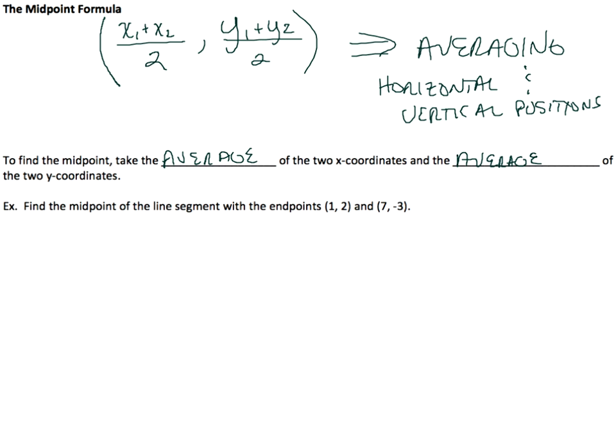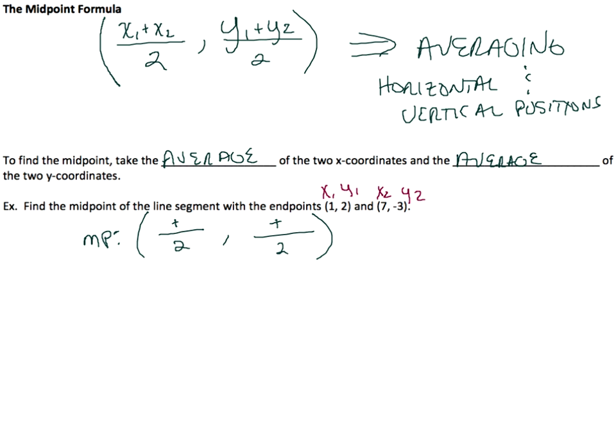Here's what that looks like. So this will be x1, y1. This will be x2, y2. I'm trying to find the midpoint of that line segment with those as the endpoints. So I'm going to add and divide by 2. Add and divide by 2. And then I'm ready to put my values in.